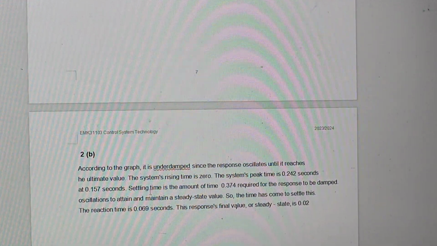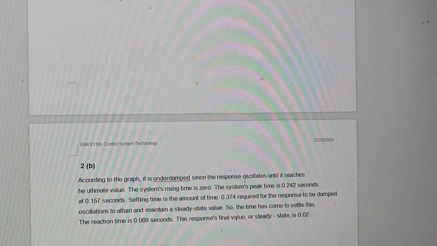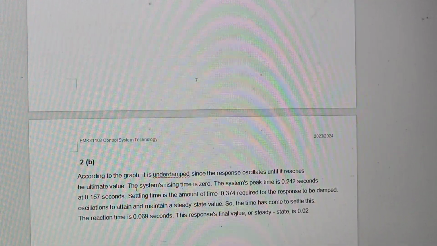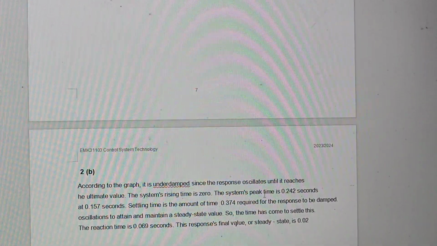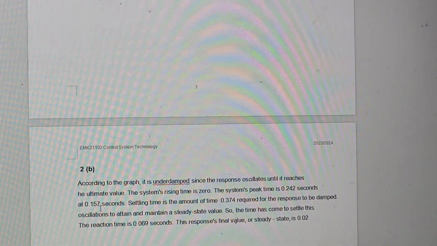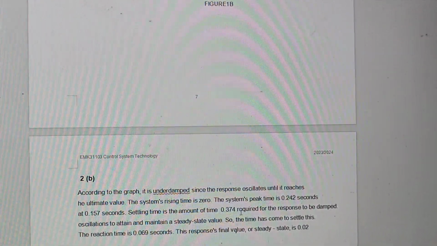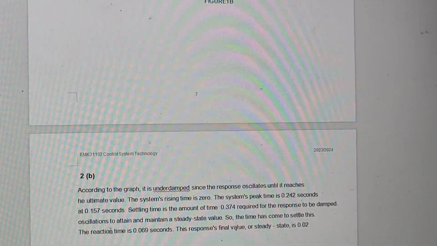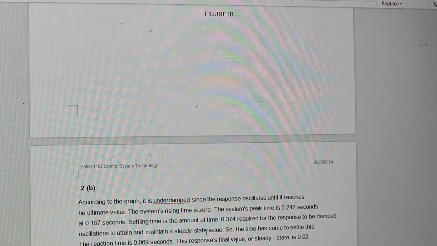For explanation, according to the graph, it is underdamped since the response oscillates until it reaches the ultimate value. The system rising time is 0. The system peak time is 0.242 seconds at 0.157 second. Settling time is the amount of time, 0.374, required for the response to dampen oscillation to attain and maintain a steady state value.